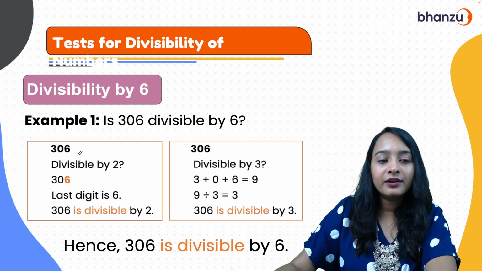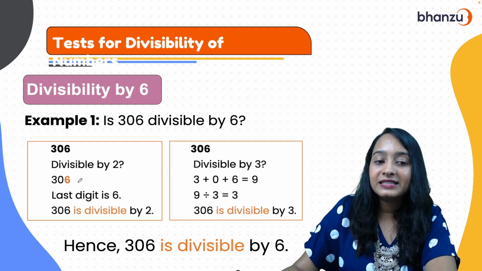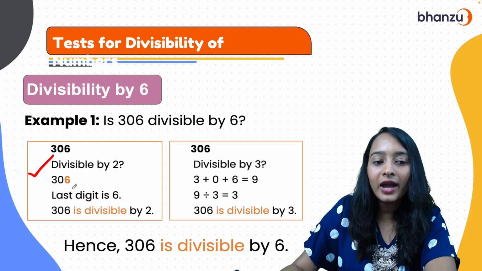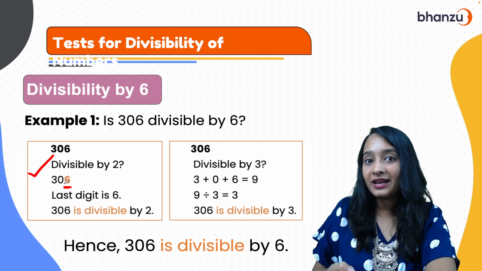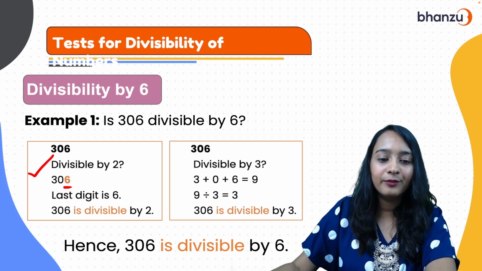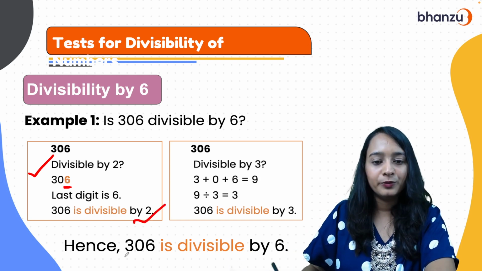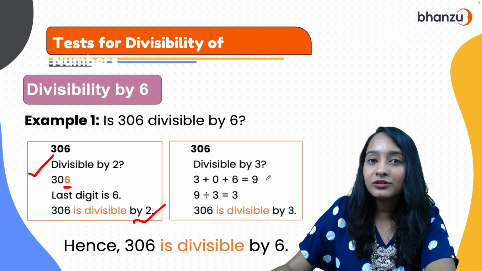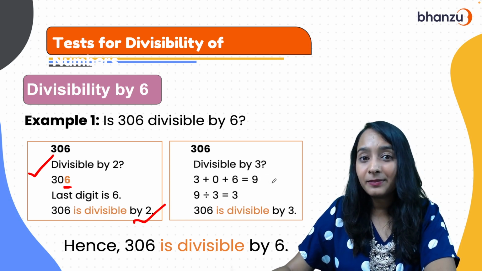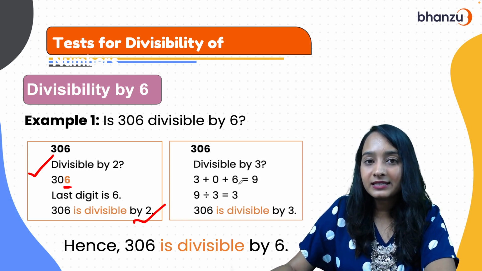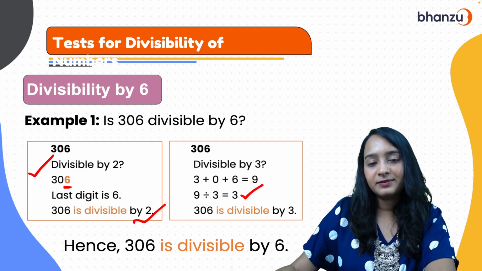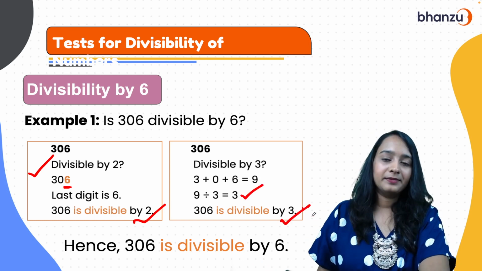Now what do we know here? 306 is divisible by 2. Yes. Why? Because the last digit is an even number. So 306 is an even number, so it is divisible by 2. Now what about 306 being divisible by 3? 3 plus 0 plus 6, 9. 9 is divisible by 3. So it is also divisible by 3.